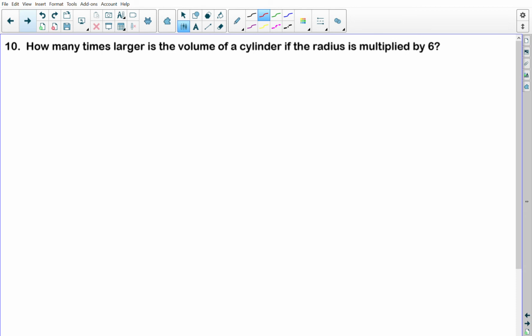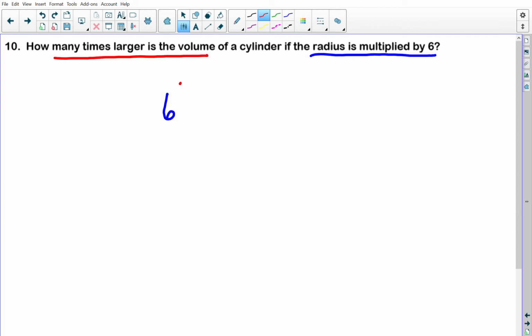Okay. It says how many times larger is the volume of a cylinder if the radius is multiplied by 6? So what we have to keep in mind here is that we were given a first degree measurement. First degree measurement is radius. I am multiplying it by 6. But I want to know how many times larger the volume will be.